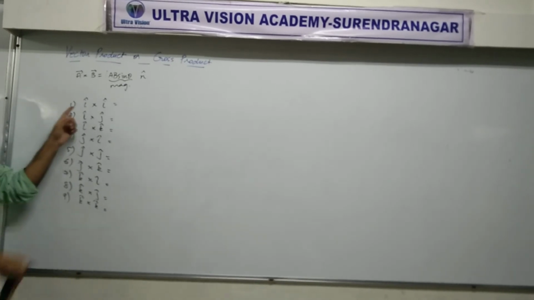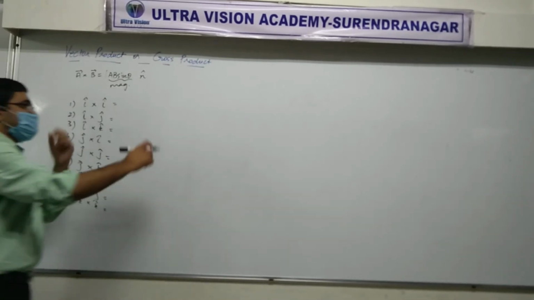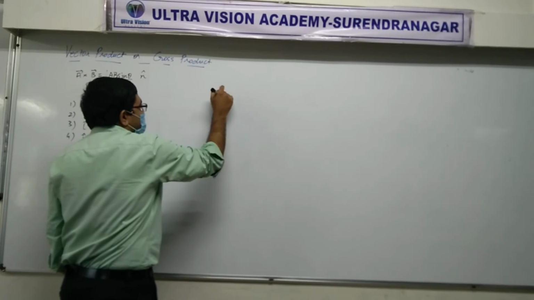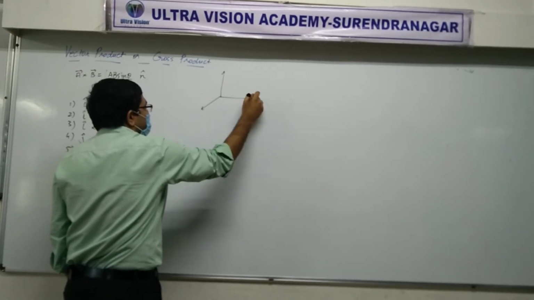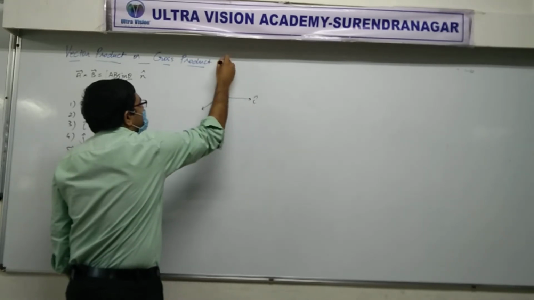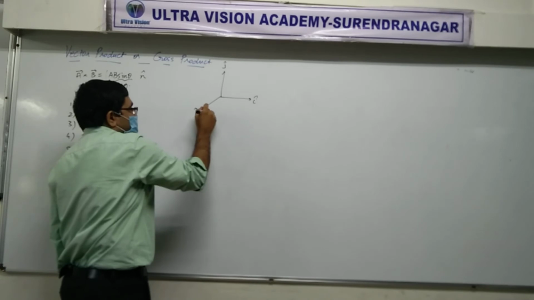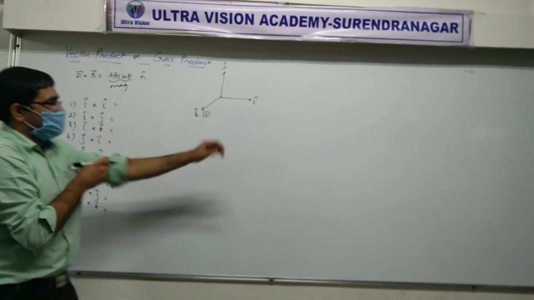So first one, I caret cross I. First, the magnitude on the side here, and these are the axes. Look what I have indicated.